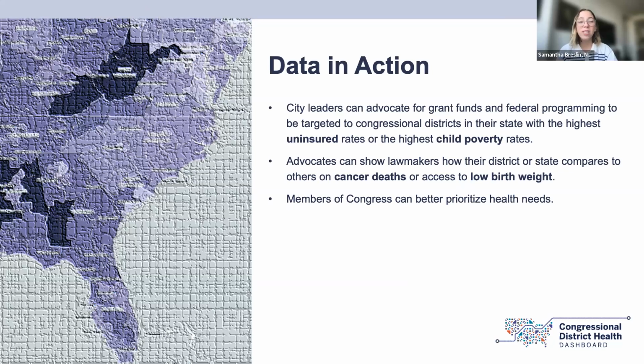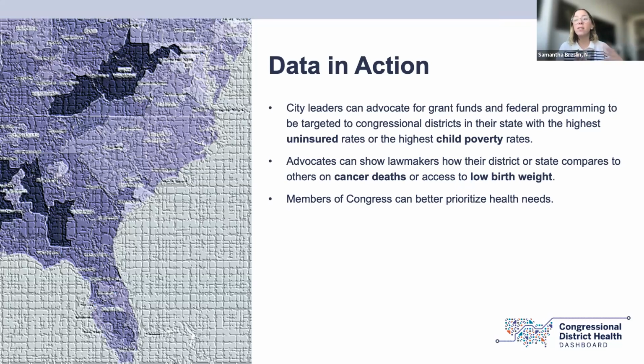You can also use these data to show your lawmakers how your district or your state compares to other districts in your state or other districts in the country. And then finally, this is more high level, but this tool is really useful for helping our members of Congress better prioritize health needs. As city leaders, you are working much more closely on the ground with local communities, and so you have a better pulse on the challenges that your constituents are facing.